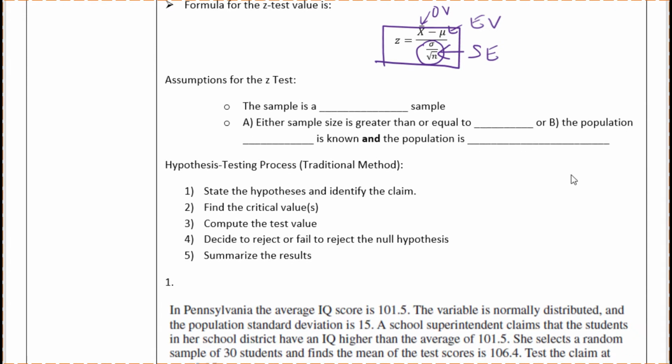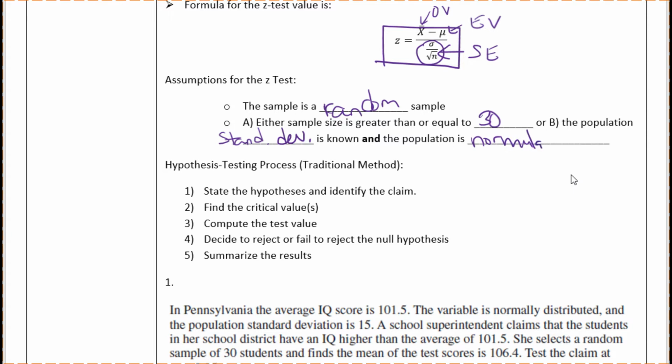Assumptions for the z-test: you have to assume that the sample is taken completely randomly, just like with any kind of test. And the sample size has to be greater than or equal to 30, or the population standard deviation is known and the population is normally distributed.